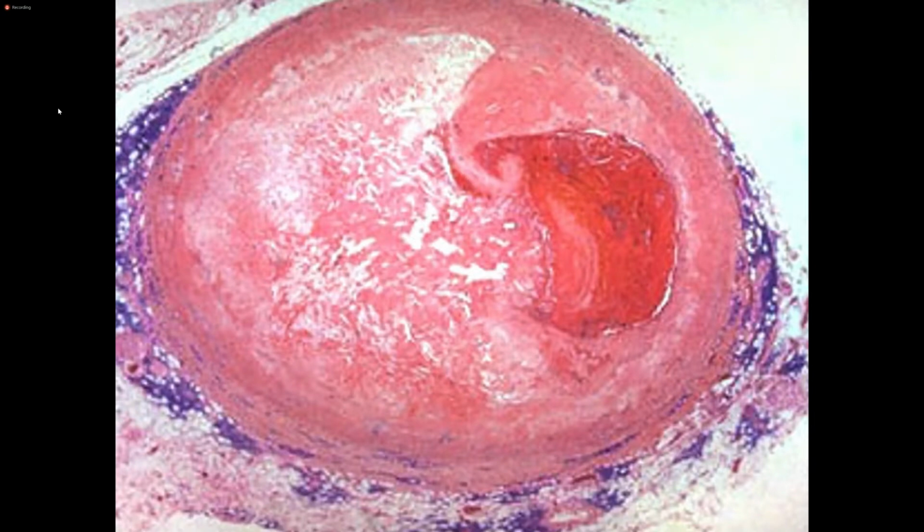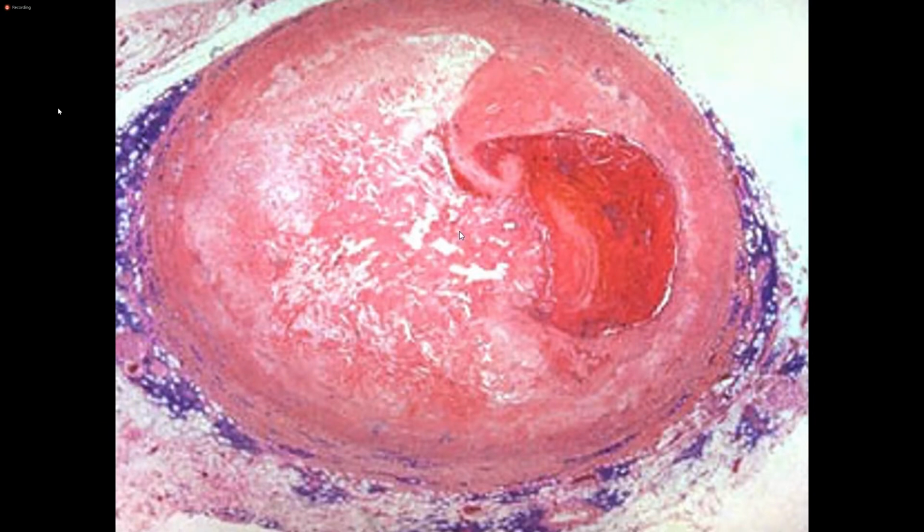So with less than 70% occlusion, patients may not have any symptoms of angina. They still may have atherosclerosis, narrowing the lumen, but they will not have symptoms if they do some exercise. They start having anginal pain when it is more than 70% occlusion.